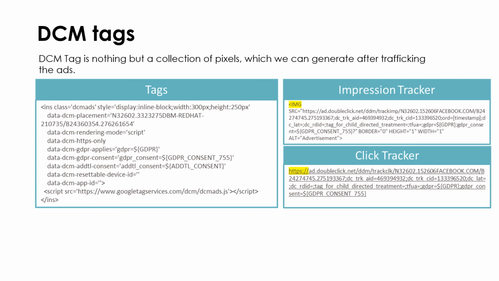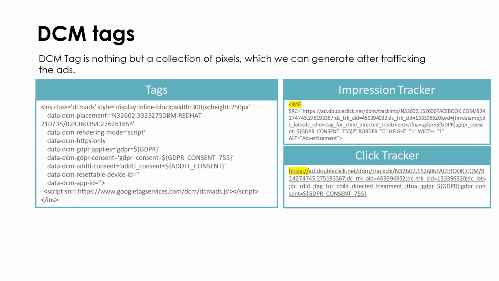It will start serving your ads on those publishers. It will fetch the data from your ad server and serve from publishers or any other websites. This is all about display ads. Mainly we get these tags for display ads where you can run JPG creatives, image creatives, HTML creatives or any video creatives.